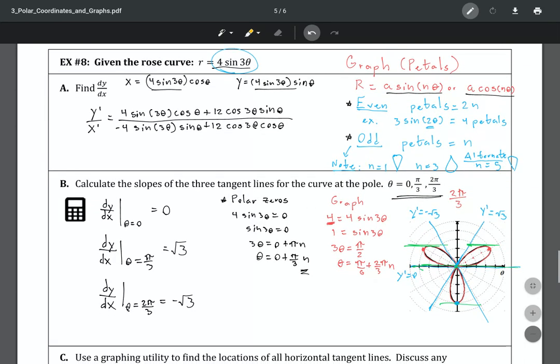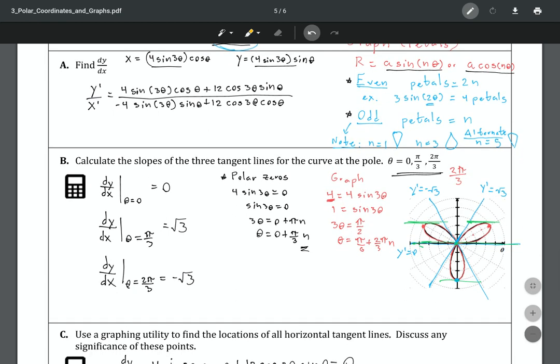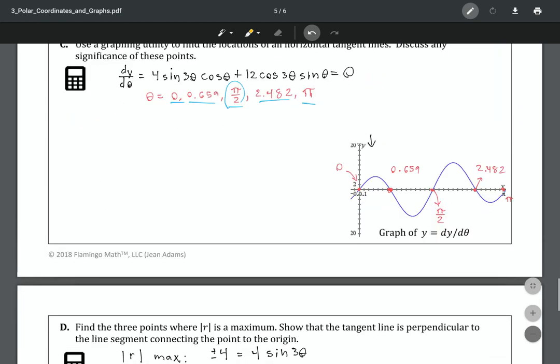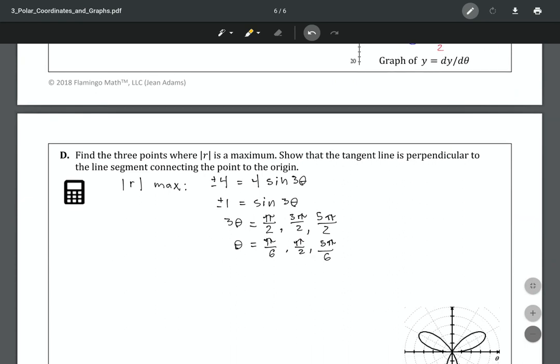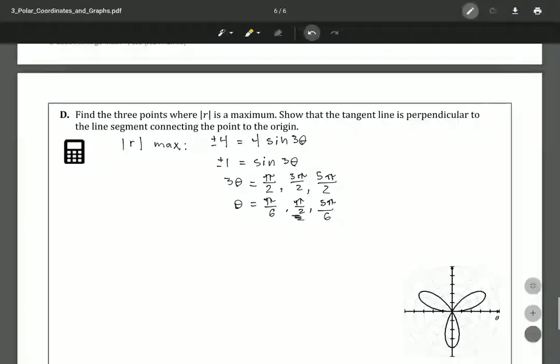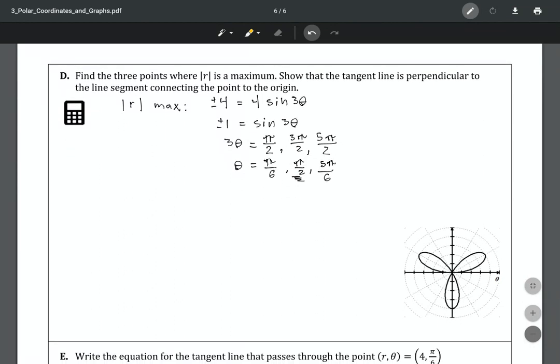Now, anytime I added pi over 6 plus 2/3, I ended up getting pi over 2. Actually, the same thing anyway, I ended up getting negative 3 pi over 2. Excuse me, 3 pi over 2, which is here.